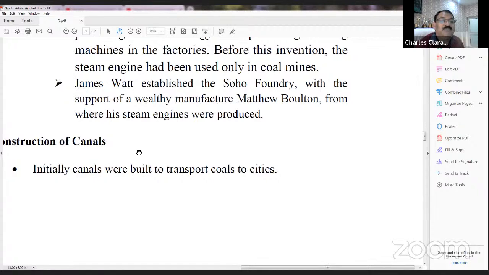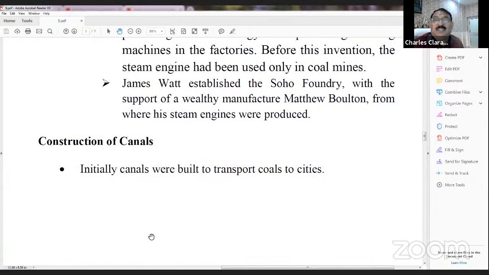Now let us look at the construction of canals. I told you that it was very important for them to use transportation. They had many rivers, and the rivers would move into the sea. Now, they wanted even more factories, more industries.